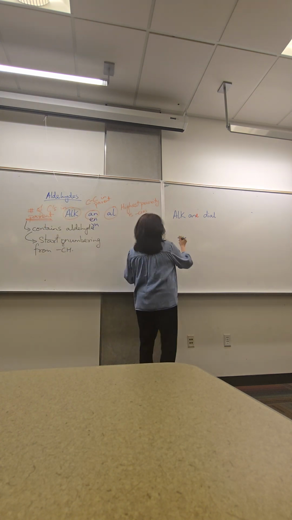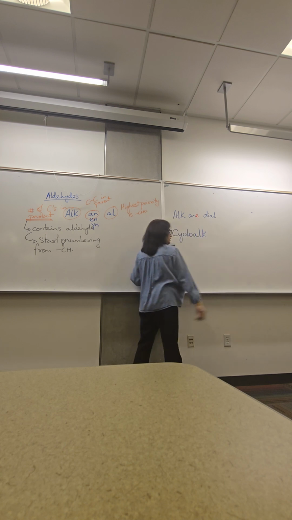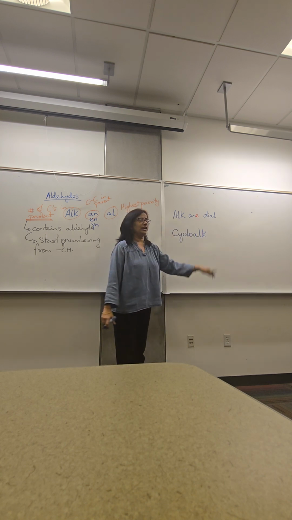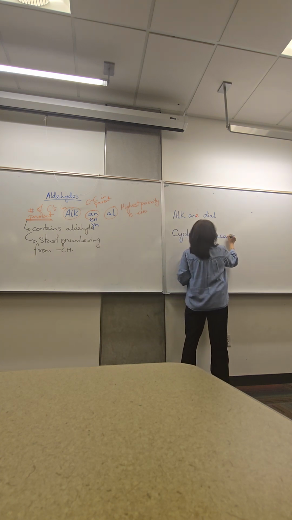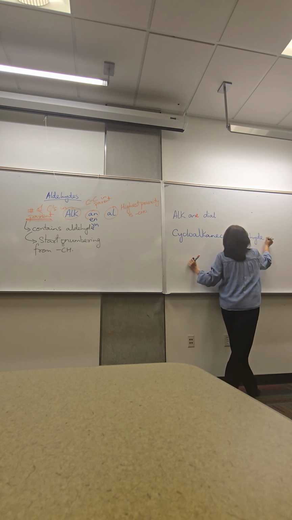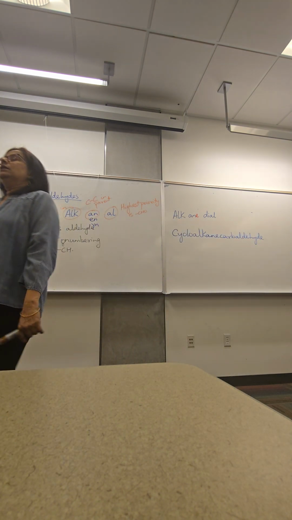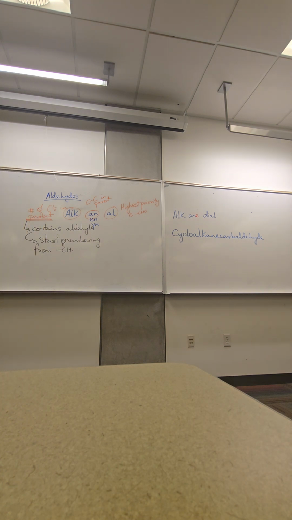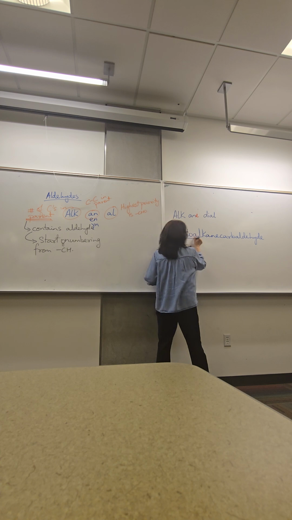So in that case, how do we name those? Those are named as cycloalk, as you would expect, but here things change quite a bit: ane carbaldehyde. Because we have to account for that extra carbon hanging off the ring, which you can't count in the ring, because it's not part of the ring. Those are called cycloalkane carbaldehyde.